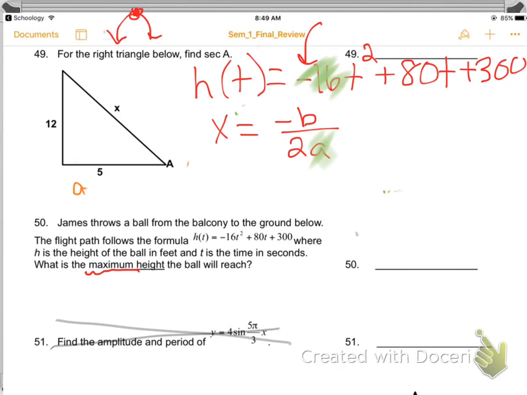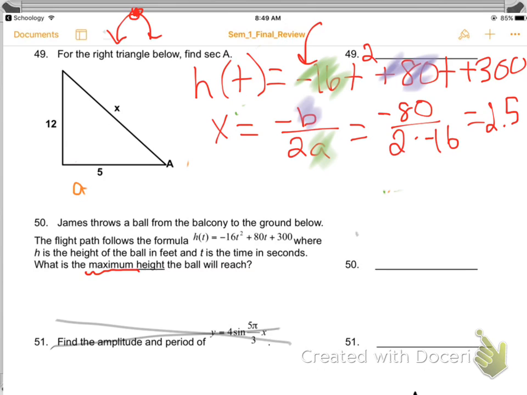Then we're also going to go ahead and look for the b value, which is just in front of your x, or just in our case the t value. So if I plug these in, the opposite of 80 is negative 80 over 2 times negative 16. Okay, so 2 times negative 16 is negative 32. So when I do that, negative 80 divided by negative 32 is going to give me 2.5.